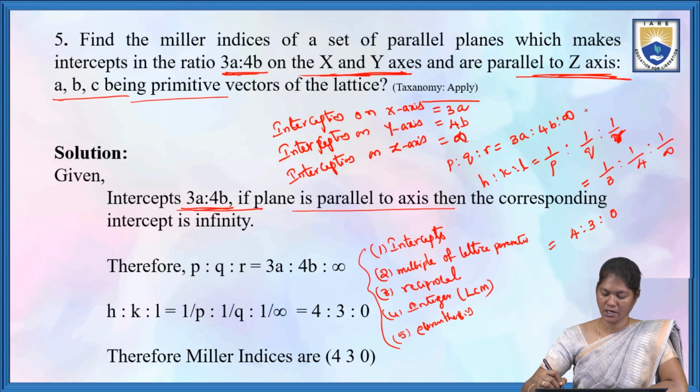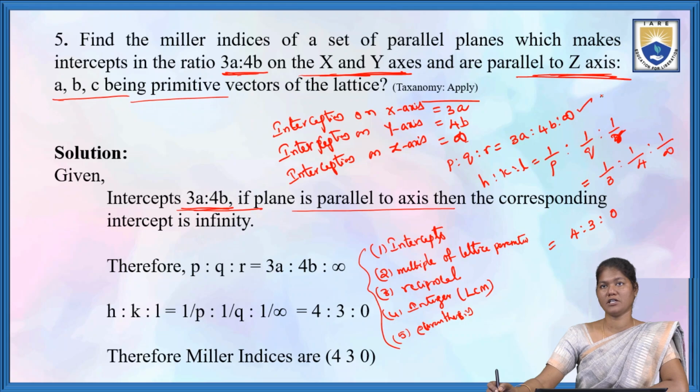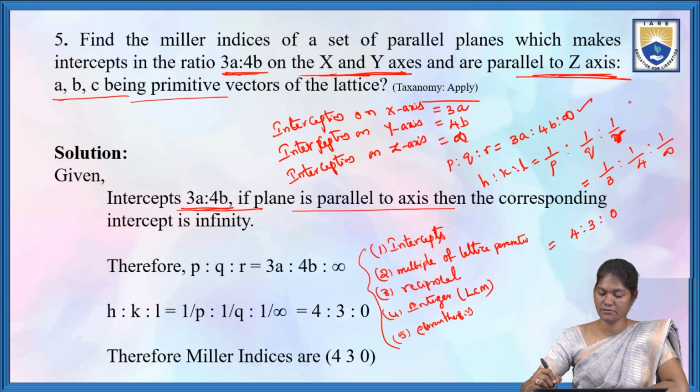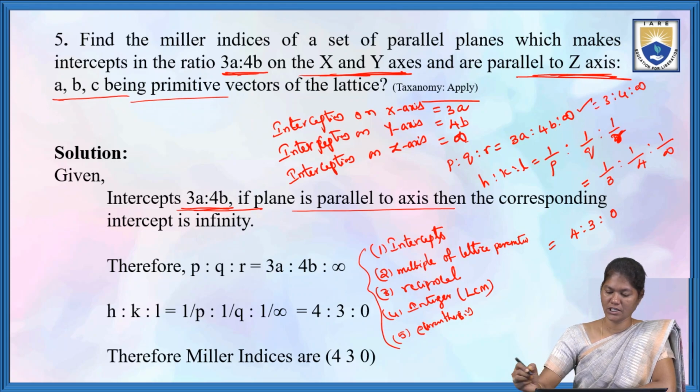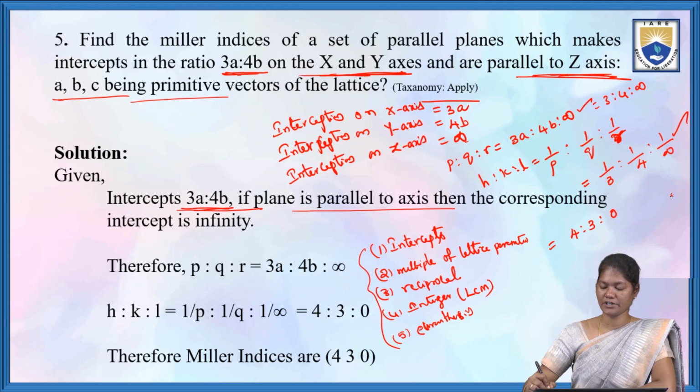So these are the steps to find Miller indices. First we took the intercepts as multiples of lattice parameters, that is 3 : 4 : infinity. Then take the reciprocal, so we get 1/3 : 1/4 : 1/infinity. Taking the LCM, we get 12, so 4, 3, 0.